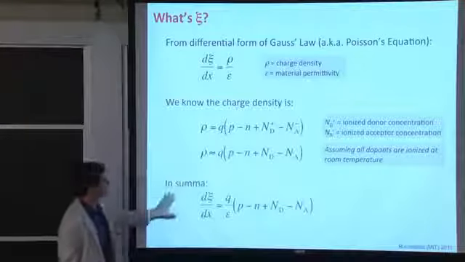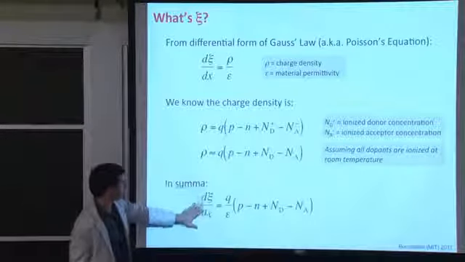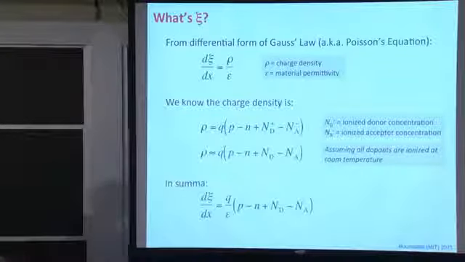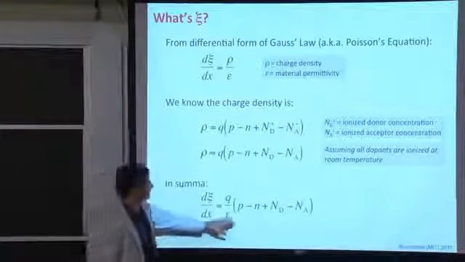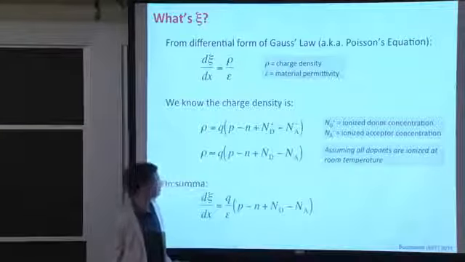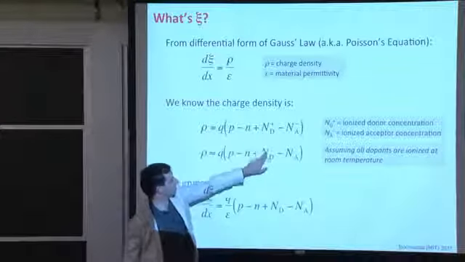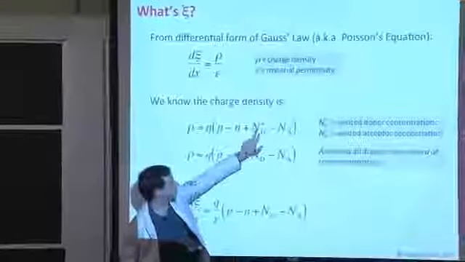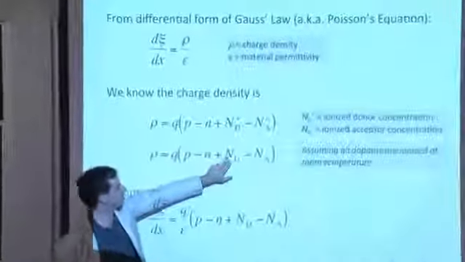And so in sum, we have here our psi as a function of dx. We have an expression that relates the electric field to the density of dopant atoms inside of our material. Note that we made one critical assumption going from here to here, where we went from the ionized donor and acceptor concentration to the total dopant concentration.